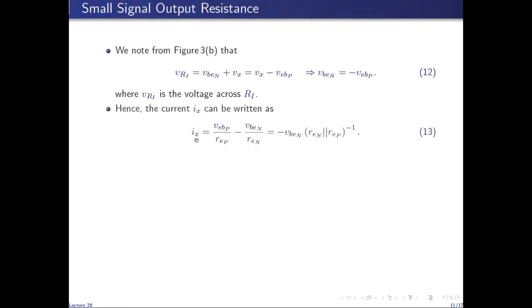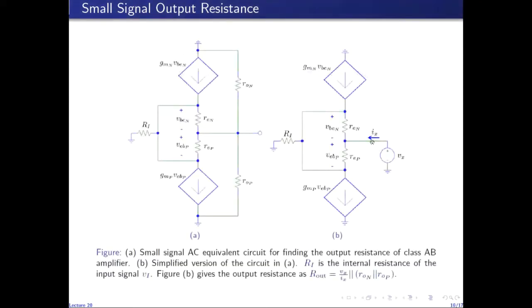Furthermore, I can write the current Ix in terms of the currents through REP and REN. So if I write VBEN over REN, then that is the current through REN in the downward direction. And VEBP over REP is the current through REP in the downward direction.